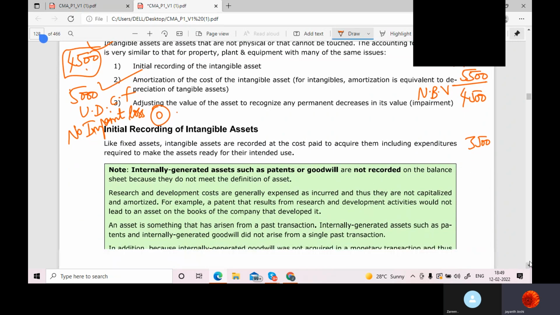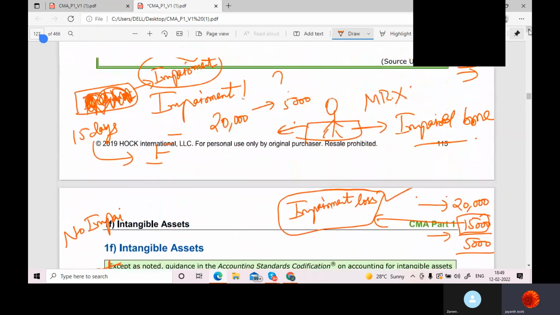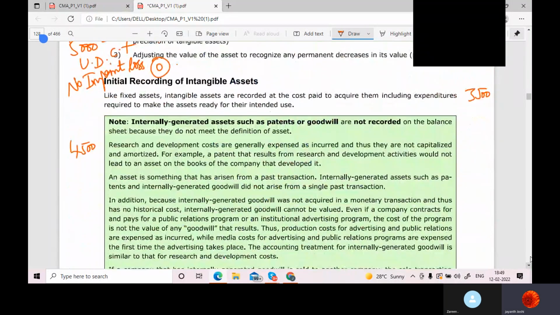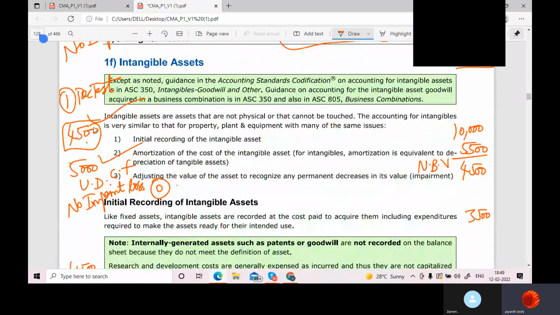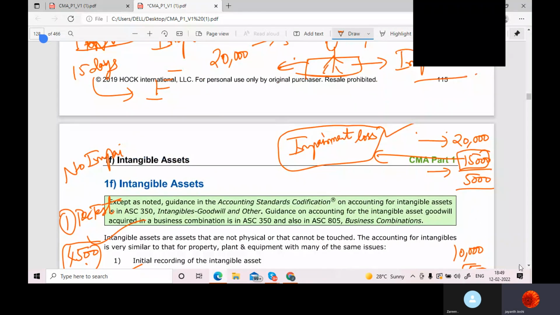Point number 2: our book value happens to be 4,500 and we got 3,000 as undiscounted cash flows. Did we recover 4,500? Please tell me, Zarina. Yes, we recovered. Am I right? Since we recovered this, there was no impairment loss. But did we recover in case number 2?